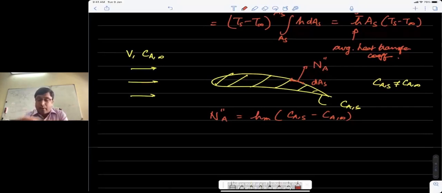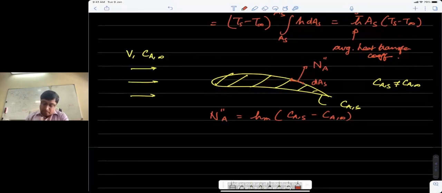If the surface was a liquid, then evaporation would lead to transfer of species A from the liquid to the fluid. So A will typically be a vapor phase. Remember that, and that is a vapor phase which is very susceptible to evaporation or sublimation.